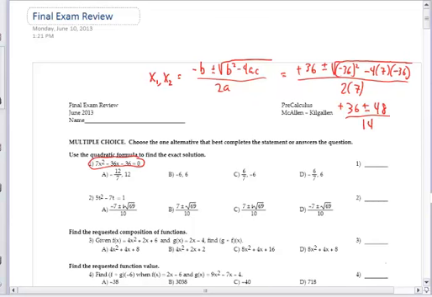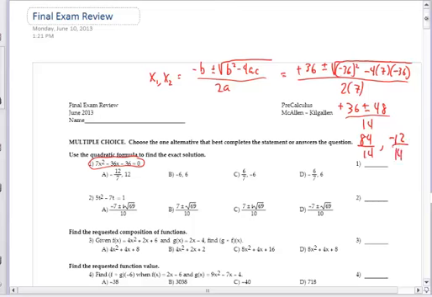Okay, so I computed the information under the radical, and it came out to be 48. When you add 48 and subtract 48 from 36 and divide that by 14, you get two answers. We have 84 over 14 when we add them, and when we subtract them, we get negative 12 over 14.